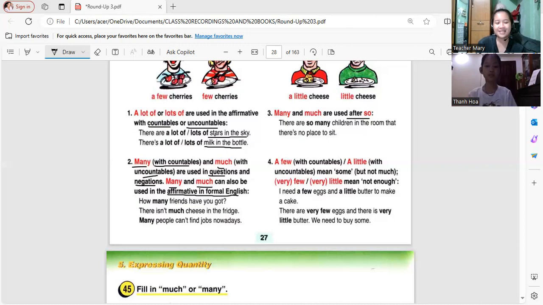This playground is giving so much fun to children.